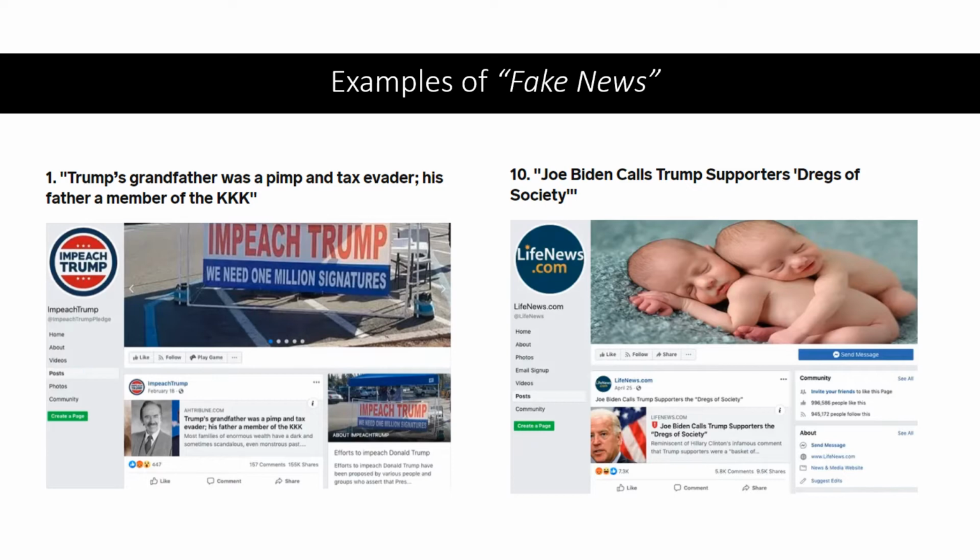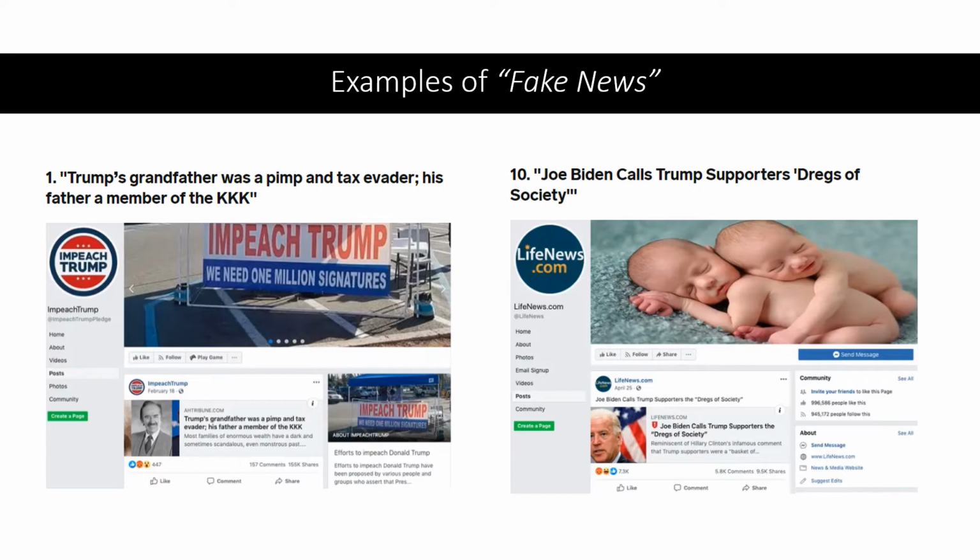Here they have, if you click on it, actually, if you go to the story and watch the clip, it says that Joe Biden calls Trump supporters dregs of society. But if you actually listen to it, he's giving a speech at a Human Rights Campaign dinner.